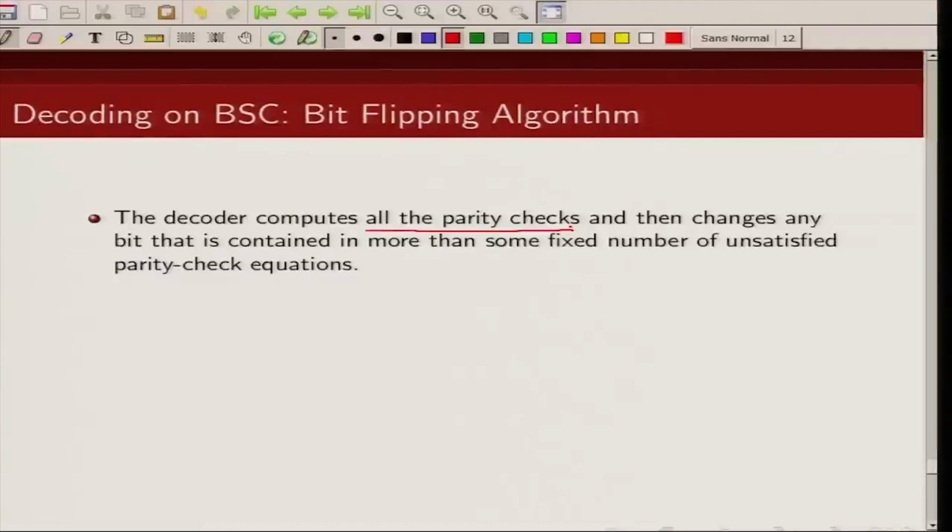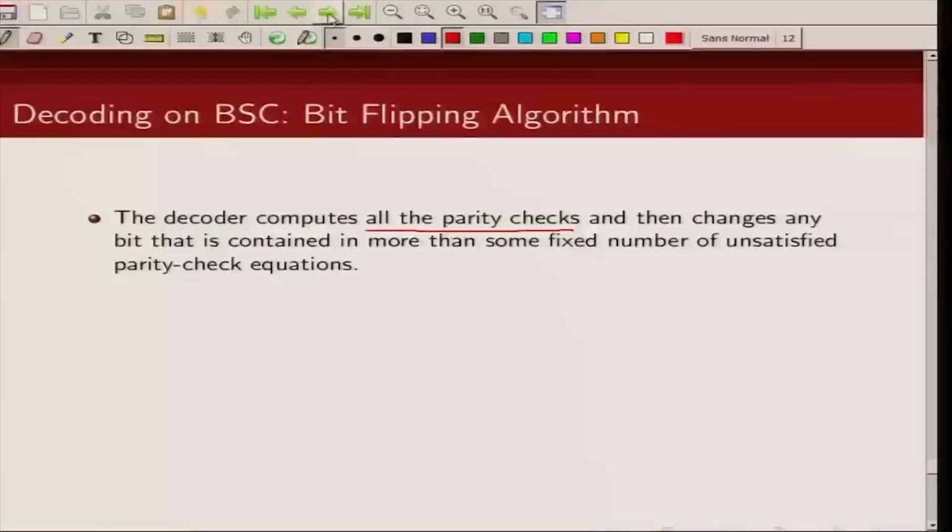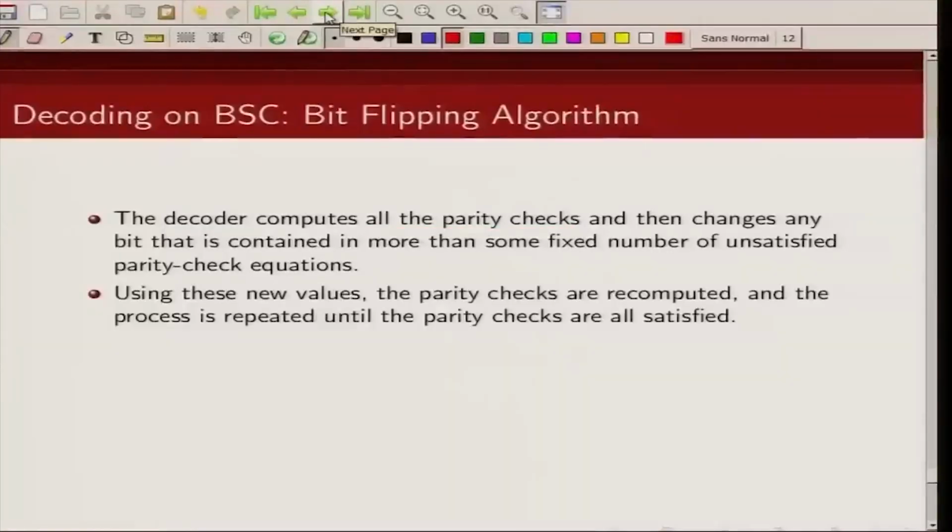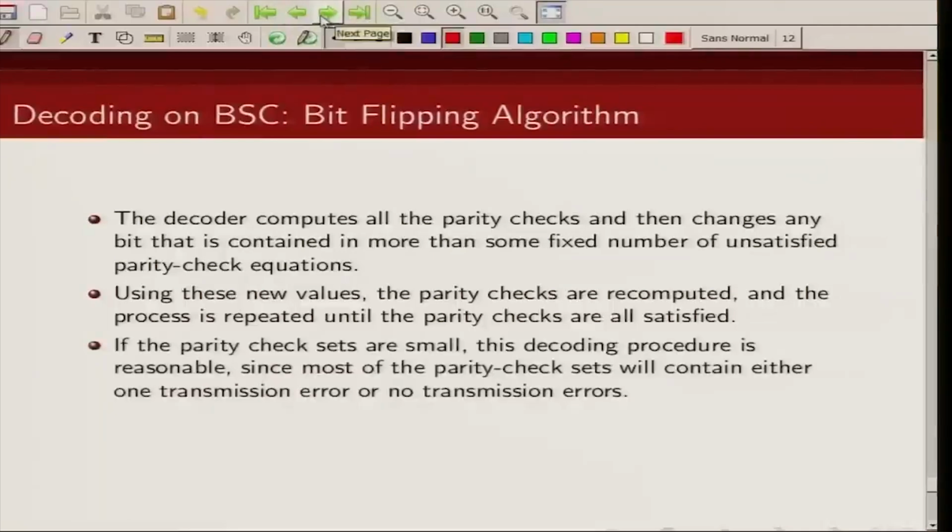Hopefully, by flipping the bits which are common in most of the parity check constraints that are getting violated, we will be able to finally correct those errors. Each time after we flip the bits, we recompute the syndrome and check whether the syndromes are satisfied. When all the syndromes are satisfied, we have successfully decoded the LDPC code.